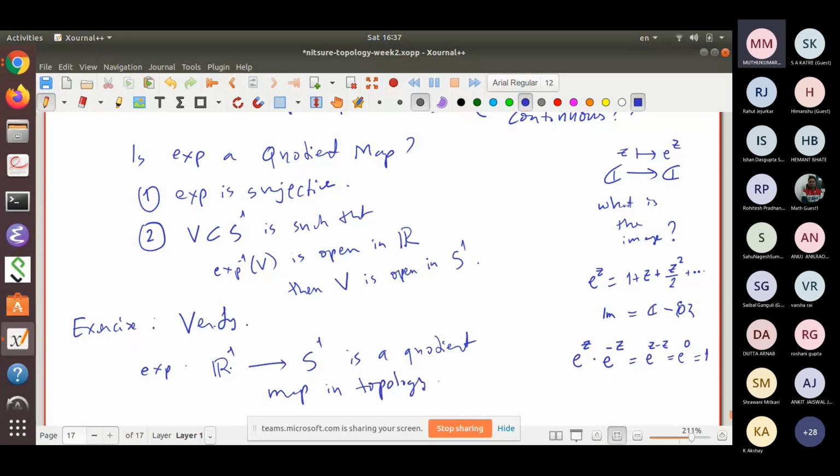So these were groups, and this was a quotient map in groups, but these are also topological spaces, and this is a quotient map in topology also. And the group structure and the topology structure are not independent. They are joined together in something called a topological group, and this is actually a quotient map of topological groups.